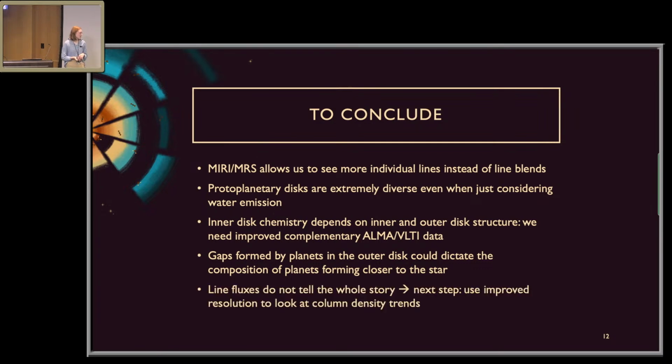And finally, I think it's also important to note that line fluxes may not be telling the entire story, so we should probably use the improved resolution of the MRS to also look at the column density, as that is a more direct tracer of how much water is exactly present in the inner disk.